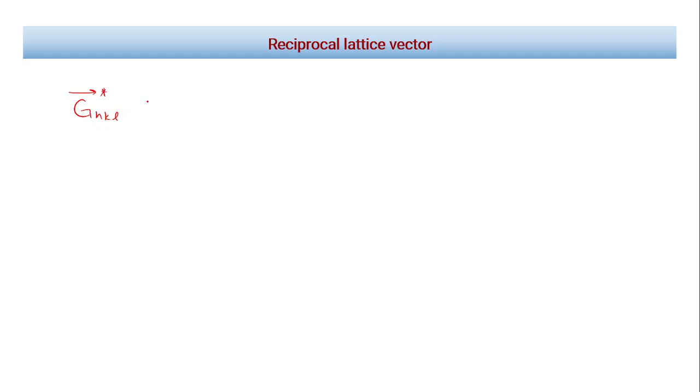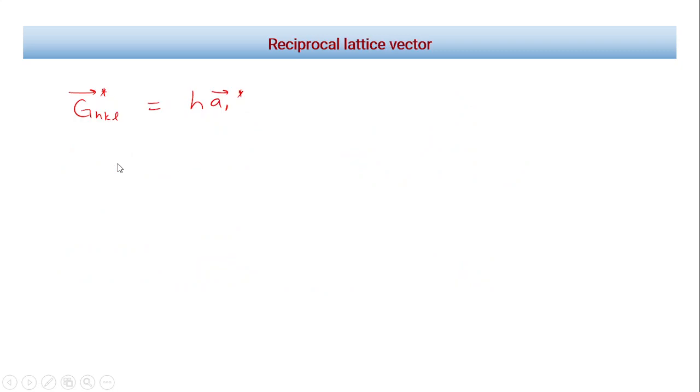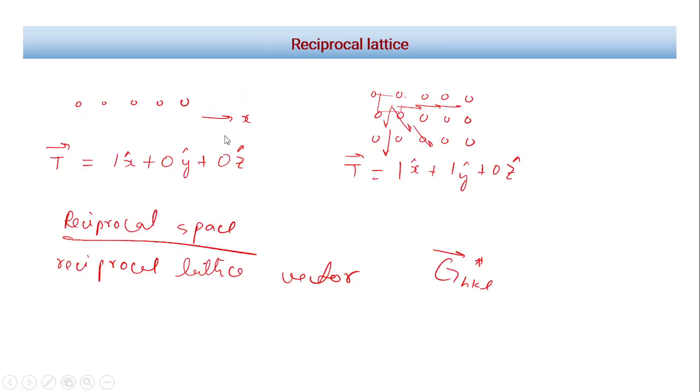Like we saw here, this translation vector was expressed in terms of these x, y, z basis vectors with some integers as coefficients. Similarly, this will also be expressed as some coefficients of these reciprocal basis vectors, A1 star, A2 star, A3 star, where h, k, l here were just some integers.